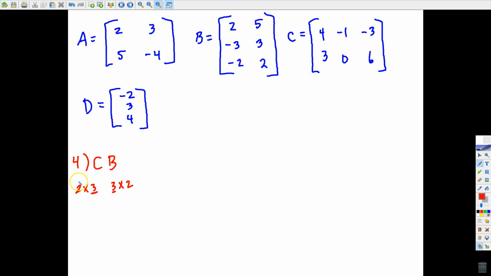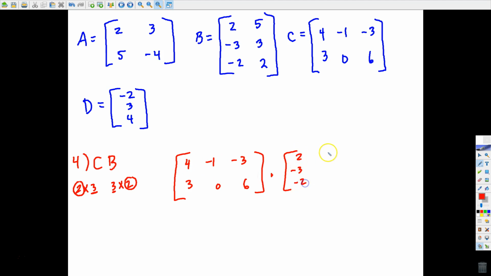And these outside numbers have significance as well, because if the inside numbers match, the outside numbers will tell us the dimensions of the product matrix. All right, so let's list out this C matrix: 4, -1, -3, 3, 0, 6, and we're going to multiply it by the B matrix: 2, -3, -2, 5, 3, 2.